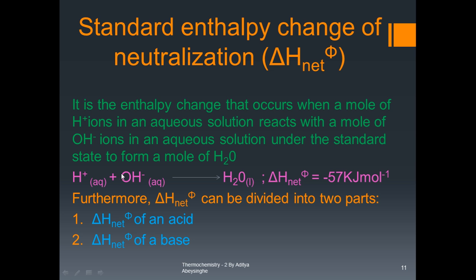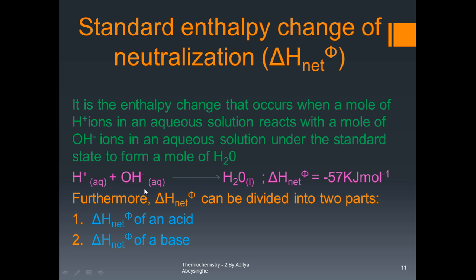Again the coefficient here should be 1, and that should also be in aqueous solution, and they should be in the standard state, and that should form a mole of H2O. So all these should be 1 mole, and the enthalpy change for such a reaction is defined as the standard enthalpy change of neutralization.